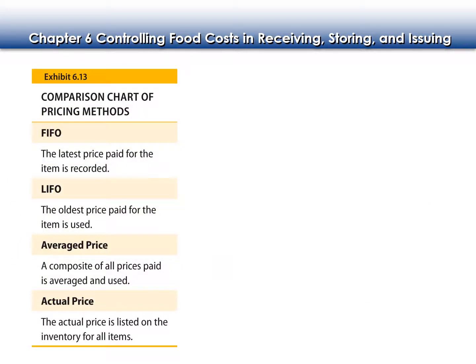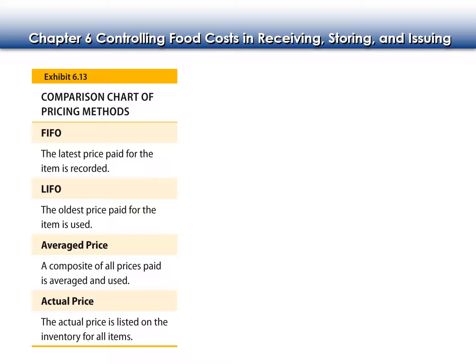So there are different ways that we can actually calculate our inventory value, okay? Our inventory value, FIFO. This gets a little confusing because for FIFO, what does that mean for inventory issuing? First in, first out, right?